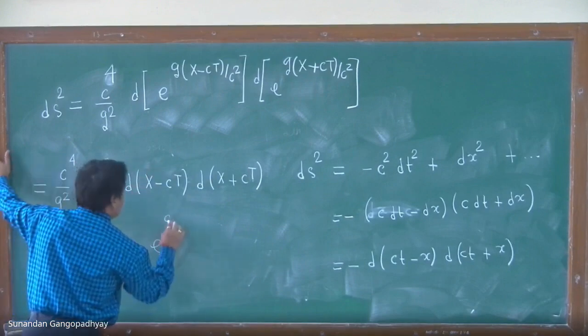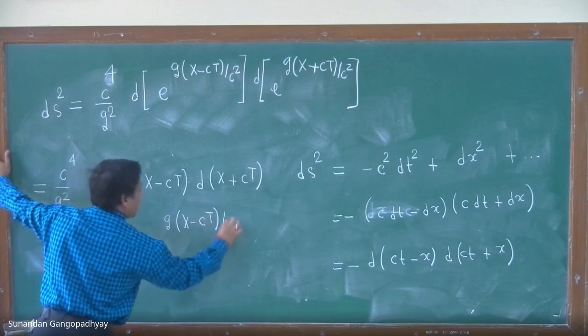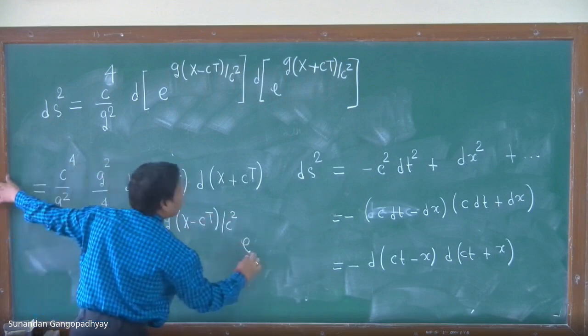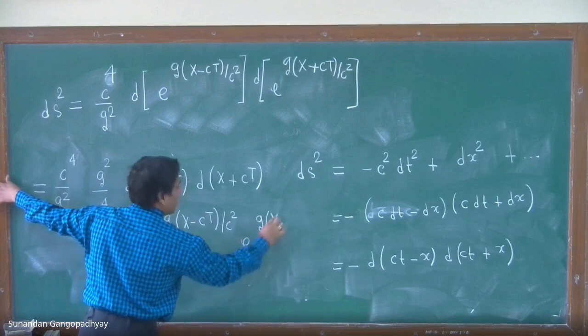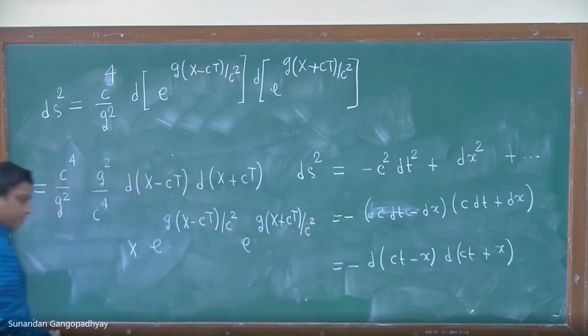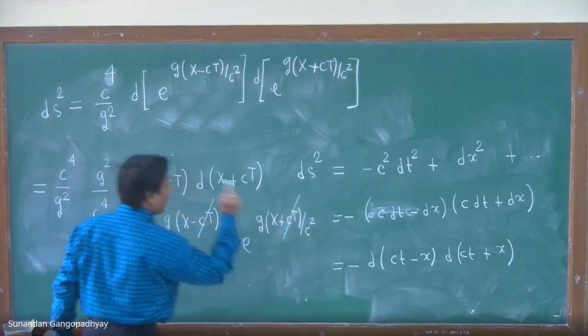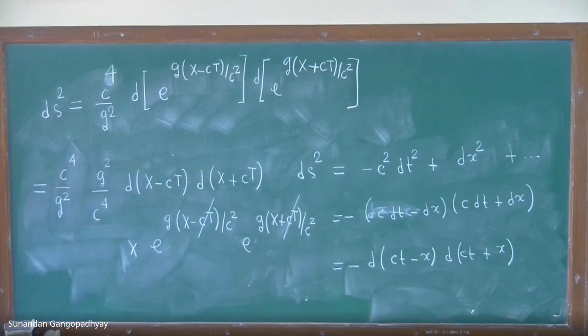So it will be e to the power of g(x minus ct) by c square and e to the power of g(x plus ct) by c square. Okay, and from here you can immediately see that this one and this one cancel, and therefore you get a nice form now.